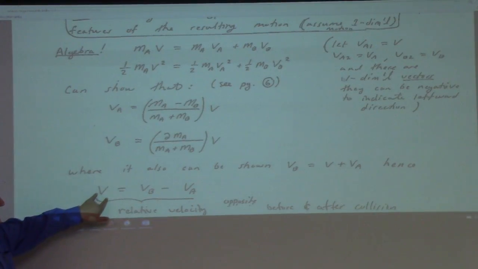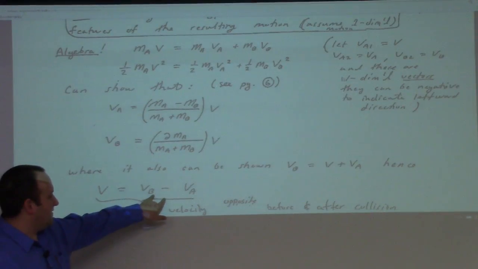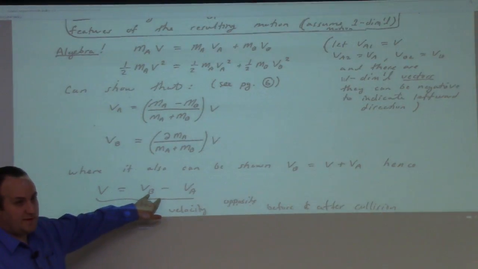This is the velocity of A minus the velocity of B before the collision. This is minus the velocity of A minus the velocity of B after the collision.